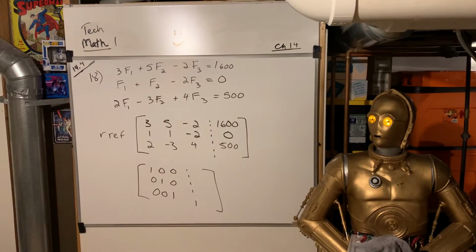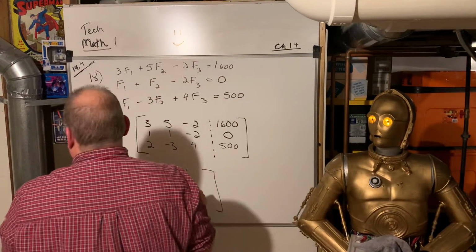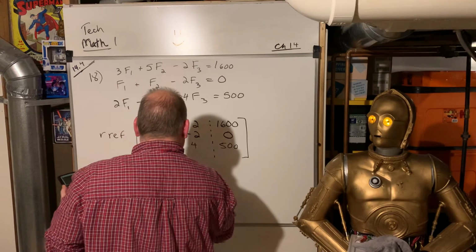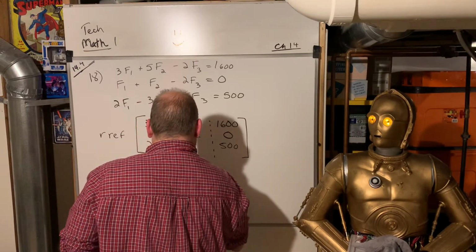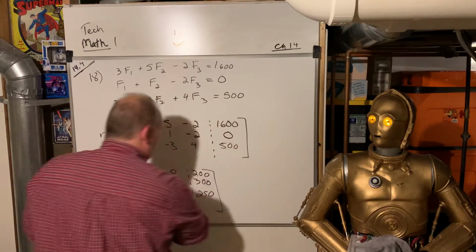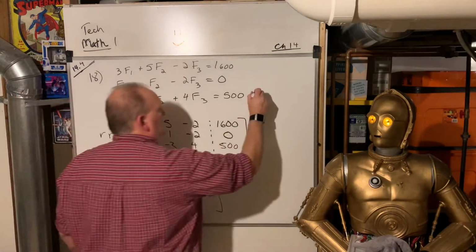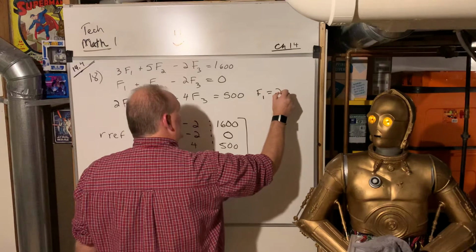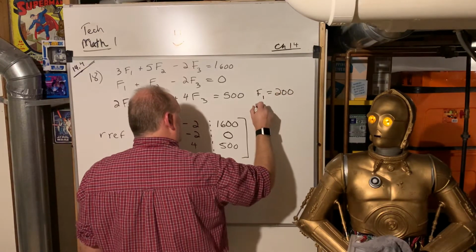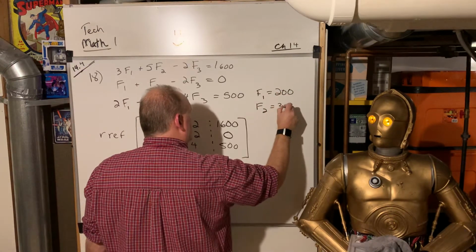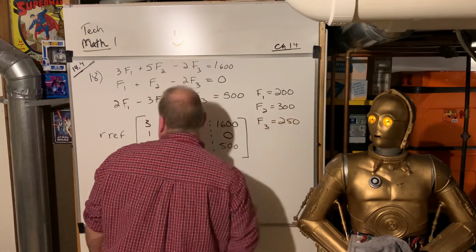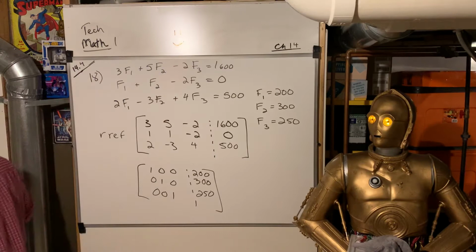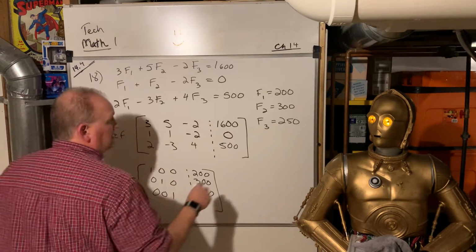The forces on these beams are 200, 300, and 250. If we want to formalize it, F sub 1 is 200, F sub 2 is 300, and F sub 3 is 250. That is definitely the way to do it with your technology. That was force in kilograms.